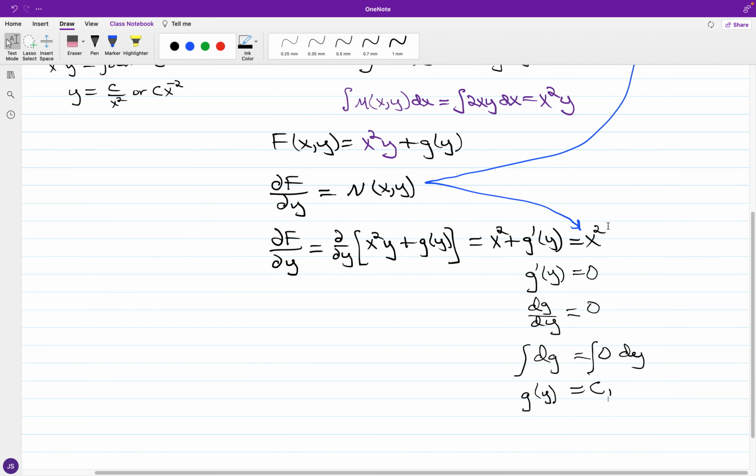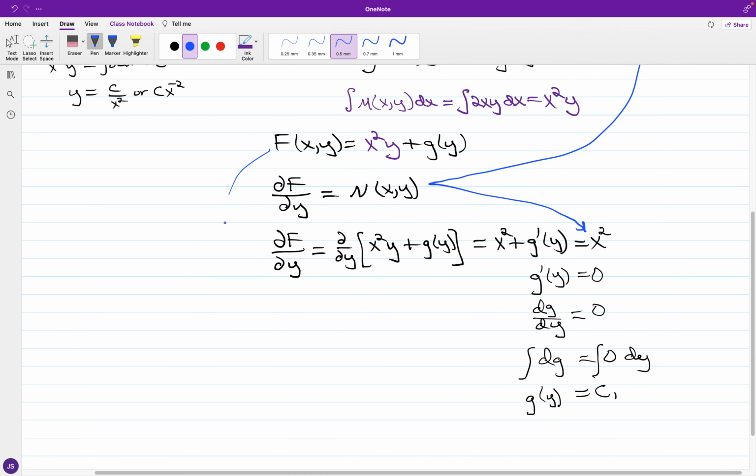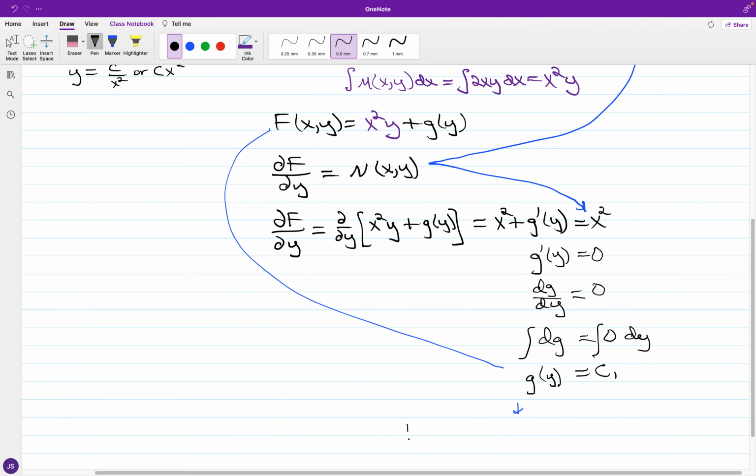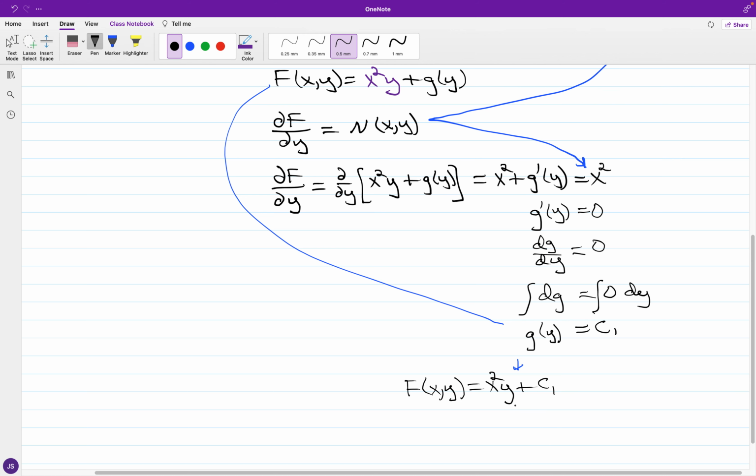And going back to what we have with our function, f of x and y is equal to x squared y plus c sub 1, and letting the constant be absorbed, we have that c is equal to x squared y.